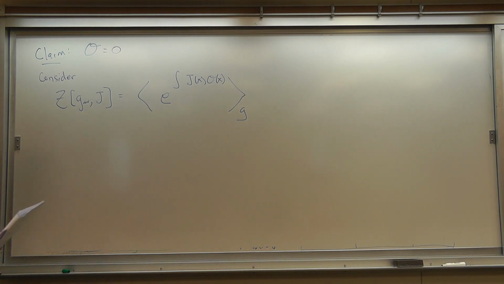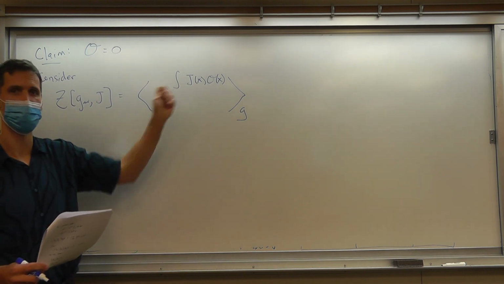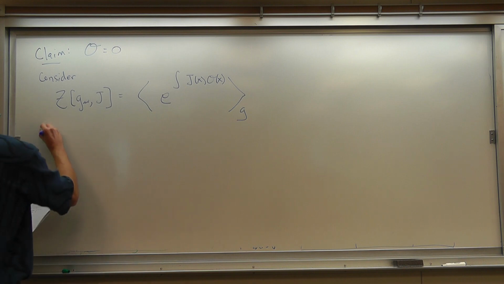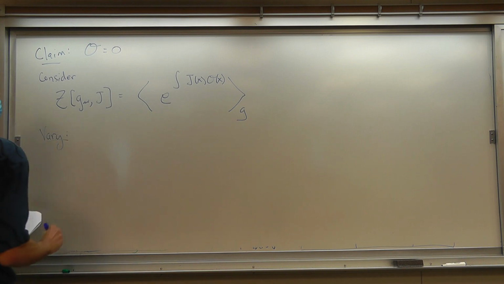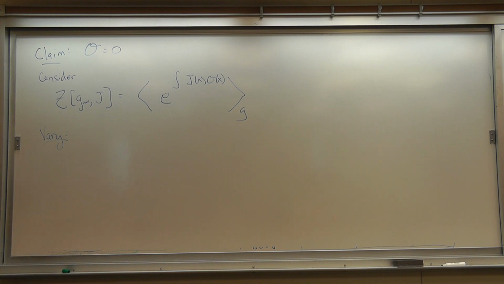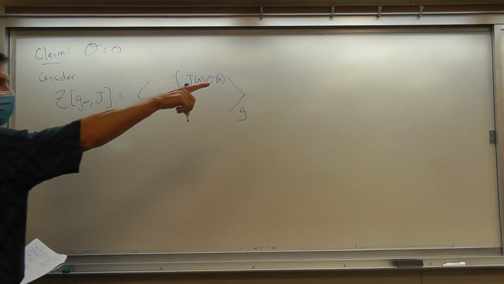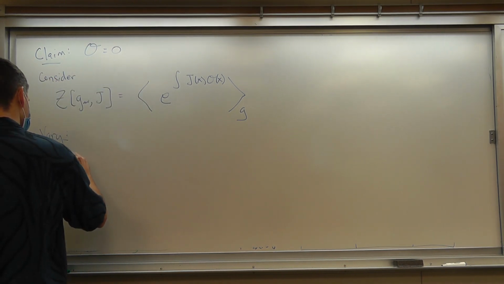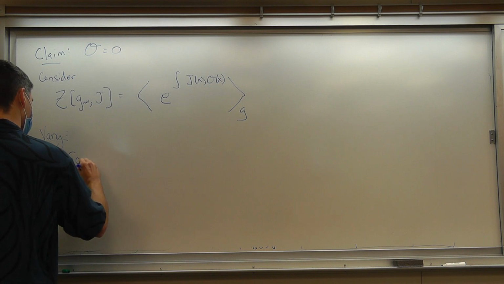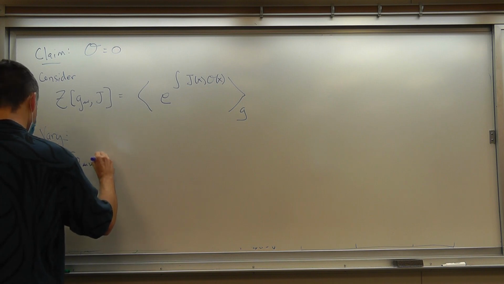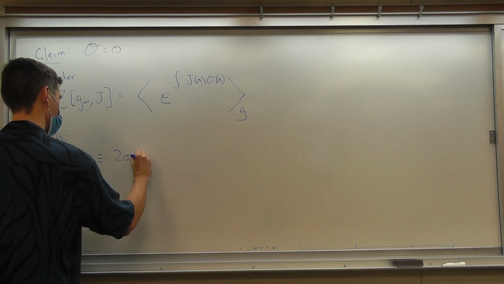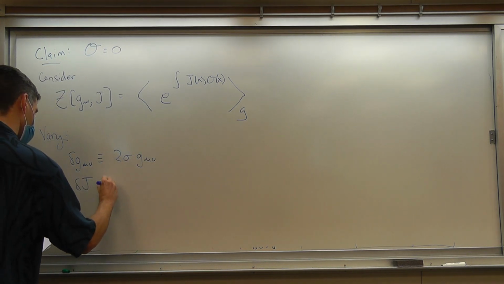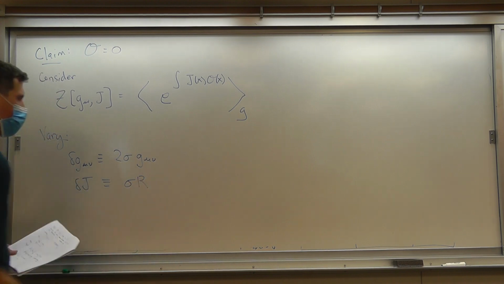So we're not only turning on a metric, we're turning on a source for the operator O. Now we're going to vary, and I'm going to choose this variation in a way that it cancels off the two terms there. So the way of doing that is doing a variation where delta g mu nu is 2 sigma g mu nu, and delta J is sigma R.